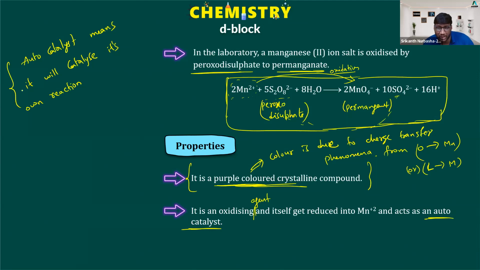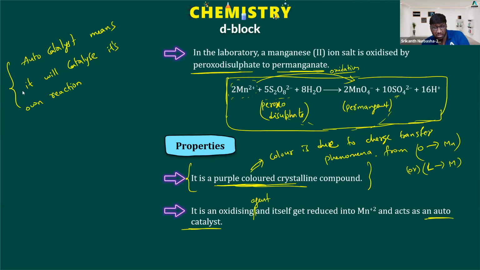Yesterday we discussed catalysts, positive catalyst and negative catalyst. Positive catalyst increases the rate of the reaction, and negative catalyst decreases it. The positive catalyst increases the rate by decreasing the activation energy. The negative catalyst decreases the rate by increasing the activation energy.